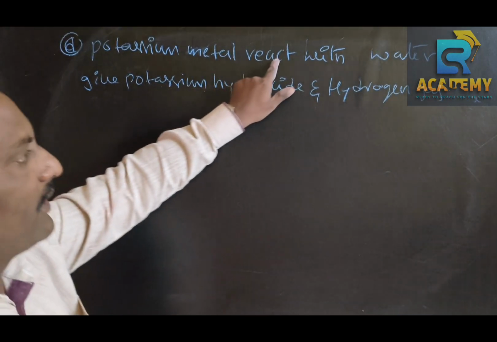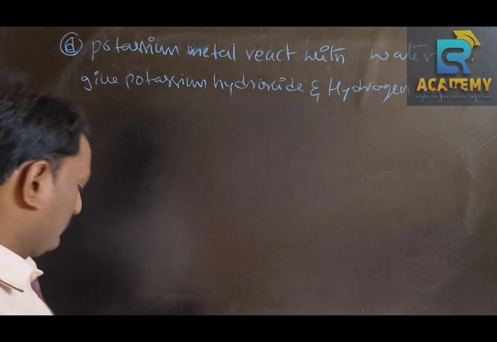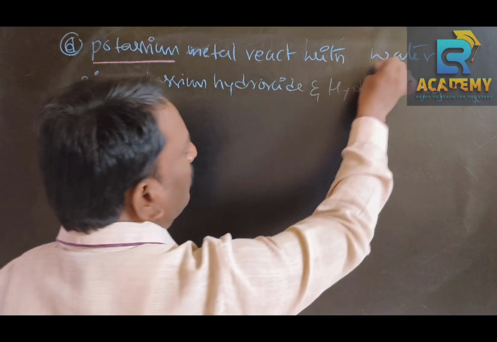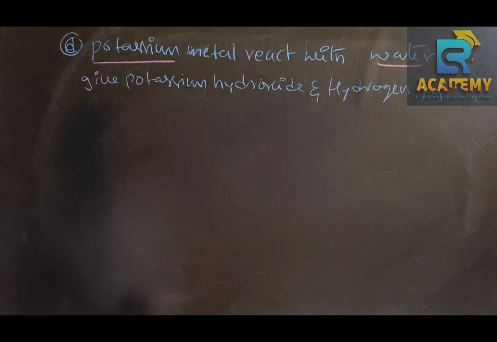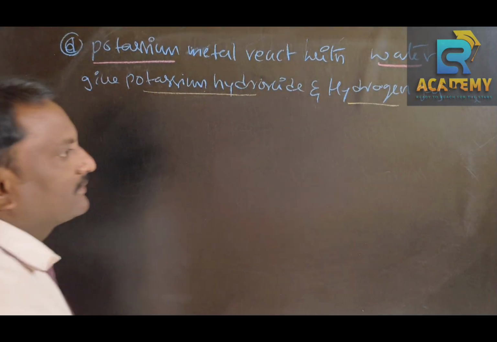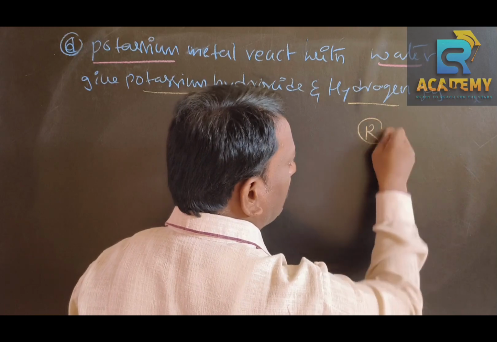Potassium metal reacts with water to give potassium hydroxide and hydrogen gas. Here potassium metal and water are both reactants. Potassium hydroxide and hydrogen are products. Let me write the reactants' and products' chemical formulas here.